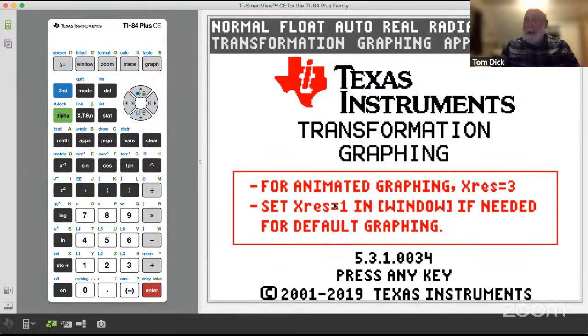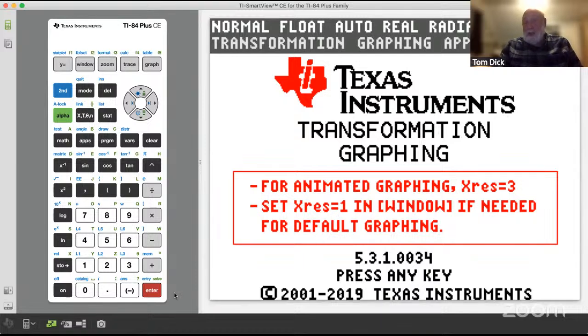I want you to pay attention to something. It says for animated graphing, which we could do, but I tend to just look for some nicer graphs without them being animated. It has the XRES as 3. It says set XRES equal 1 for default graphing. XRES equal 3 will give you choppier looking graphs, so that's something we will probably want to change.